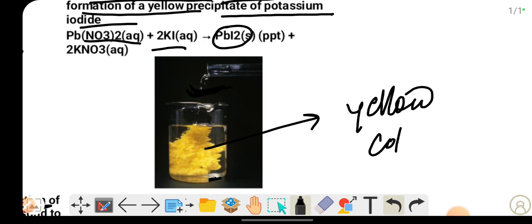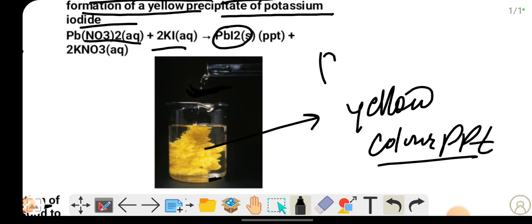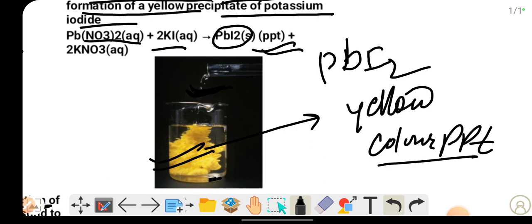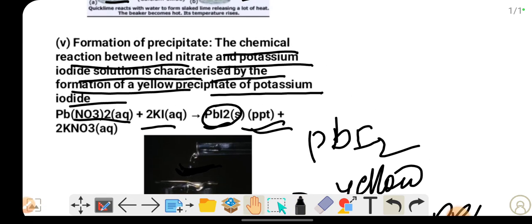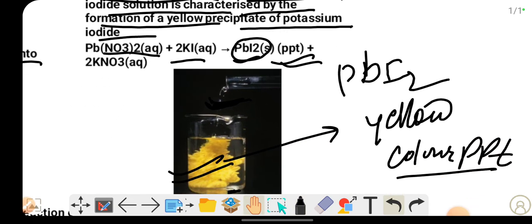Okay, this is a yellow color substance. This is lead iodide, PbI2. This is the precipitate, and this is the best example of formation of precipitate in a chemical reaction.